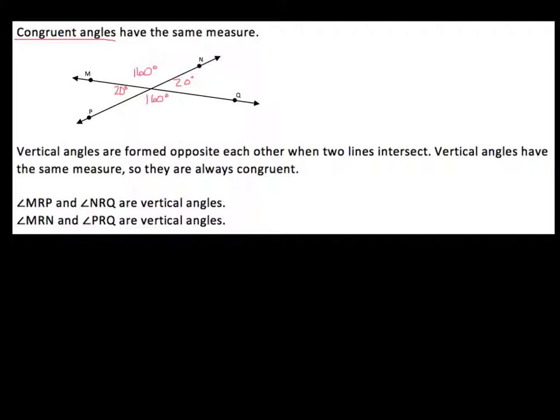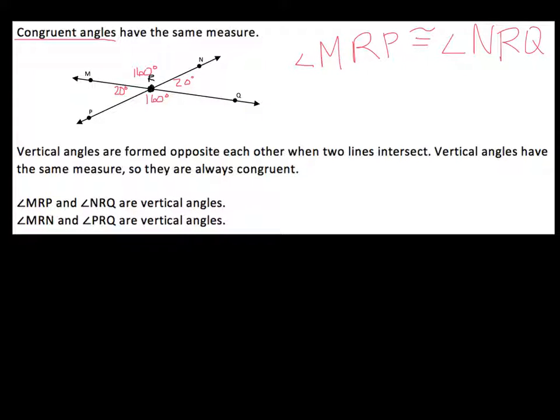Okay, so if I was looking at this figure below, I could say angle MRP. Ooh, I need a dot in the middle. Angle MRP is congruent to angle NRQ.